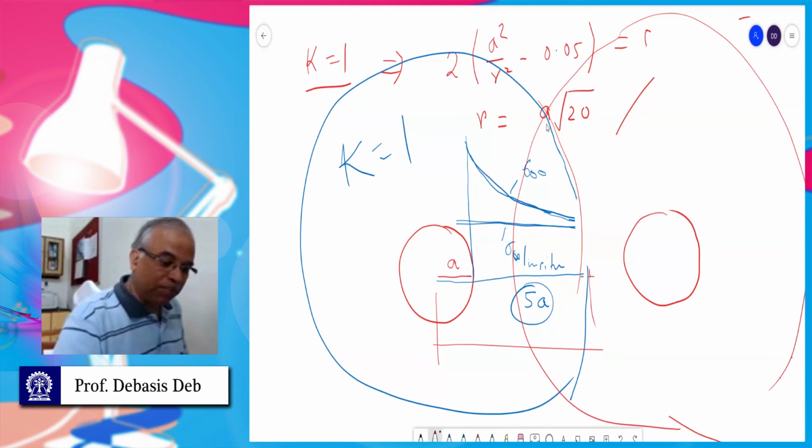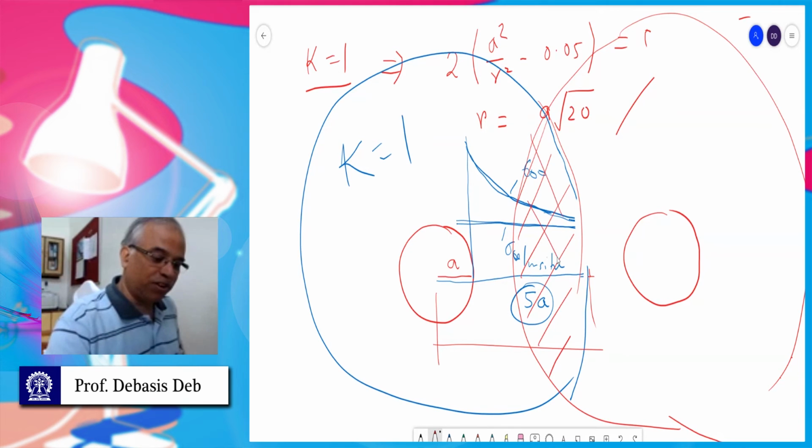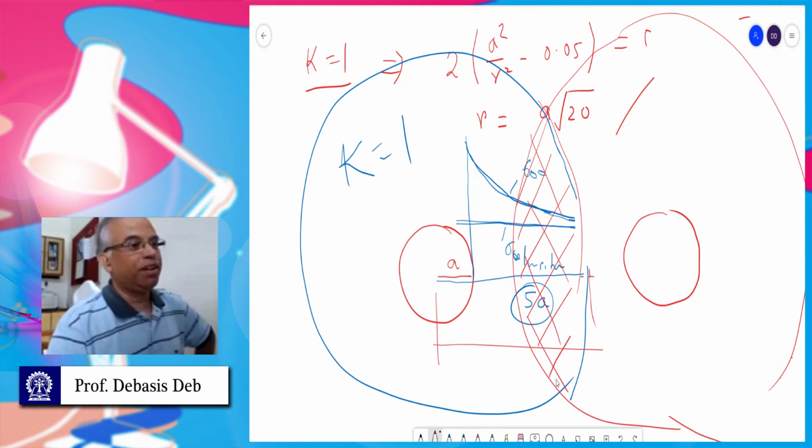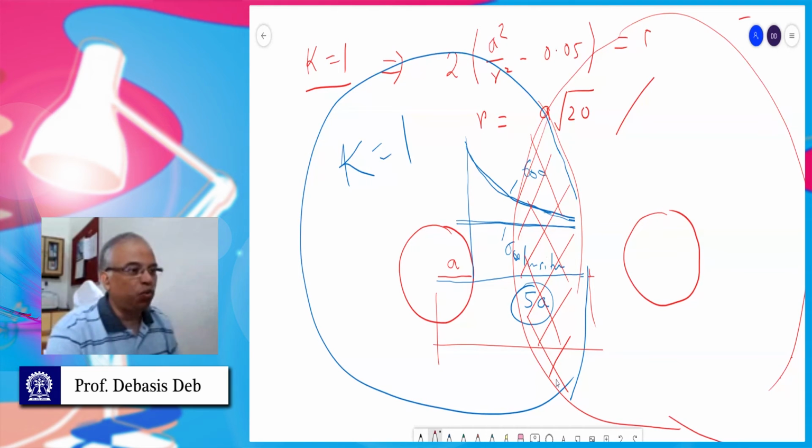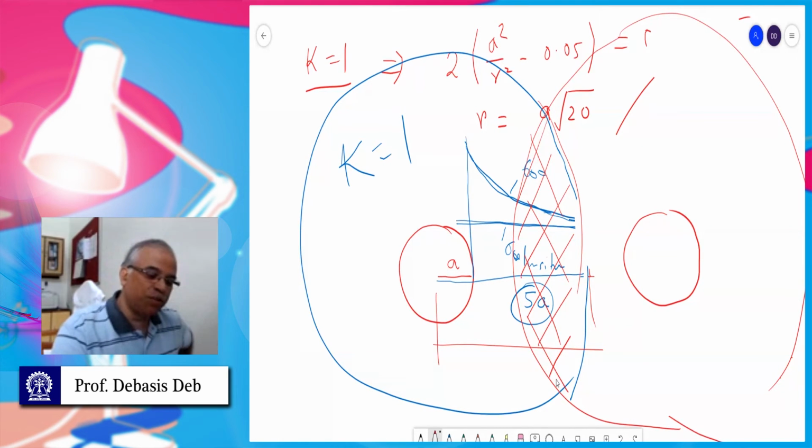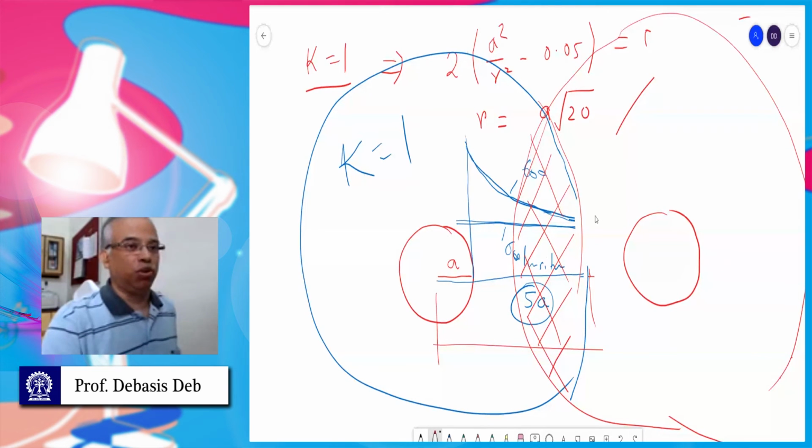So this particular area is pretty much vulnerable, because this stress will be enhanced, and as a result we have to take special care or special support. That's why you sometimes see a complete concrete support.